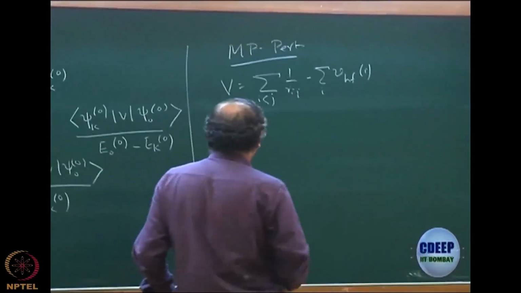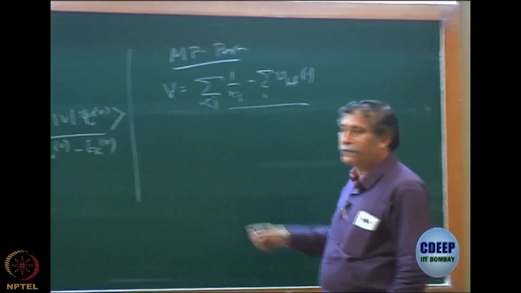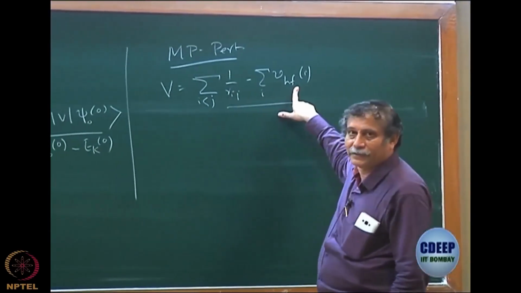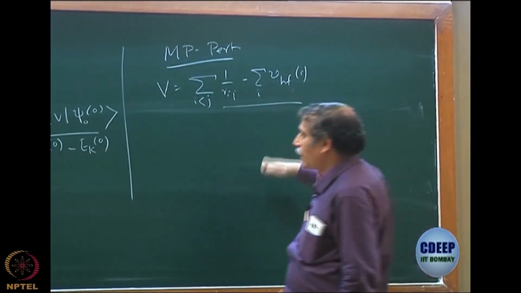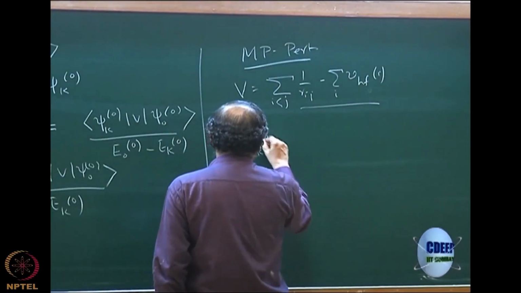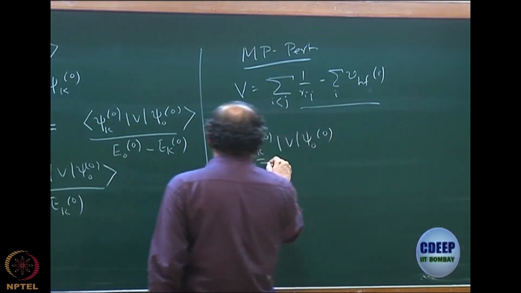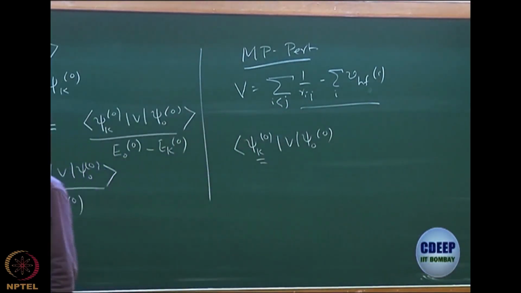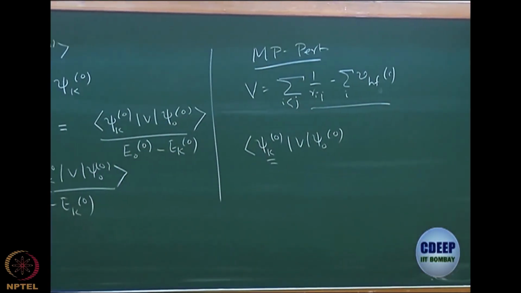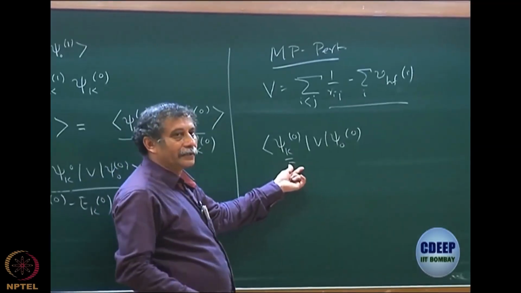Why is Brillouin's theorem applied? Because V has also a one particle part, right? So when I calculate psi k 0 V psi 0 0, what K for a MP perturbation? We have Hartree-Fock, singly excited, doubly excited, all these perturbations are there. We are saying singly excited cannot come here.